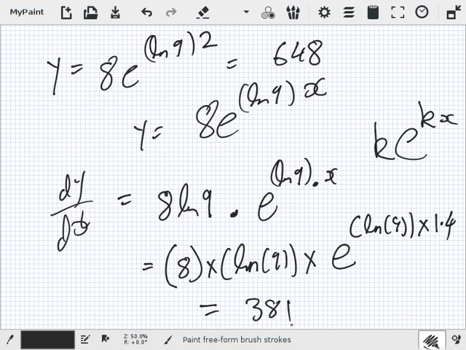Right, let's have a look at the next one now. The next one's a little bit too big to do in 5 minutes. Could I give you some questions to try for next week? Because we've done product and quotient and chain rule and implicit and these ones and also ones like this.